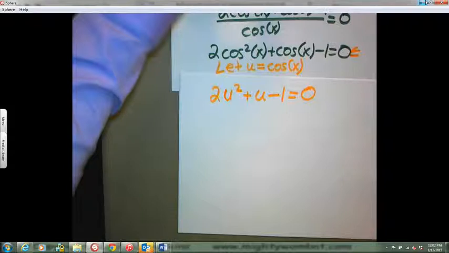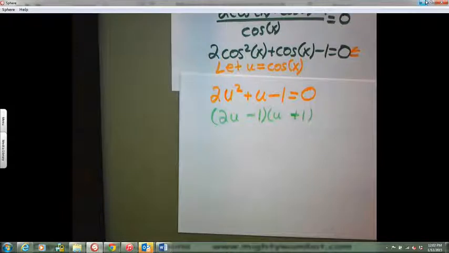And if you have done the factoring correctly, you should get this. Questions on this?